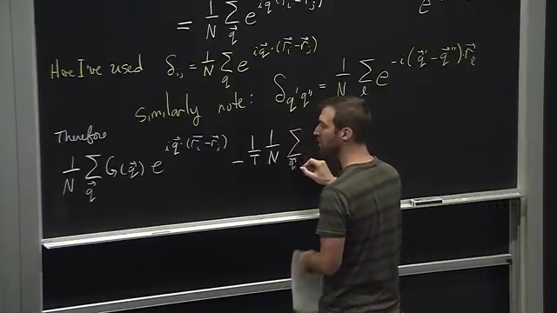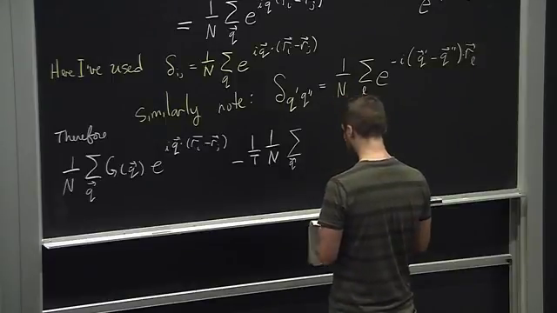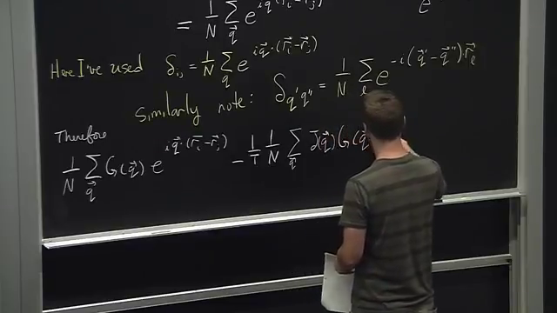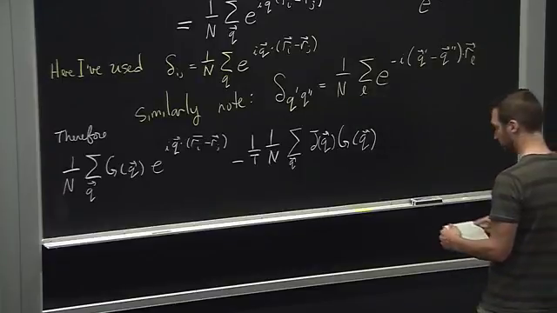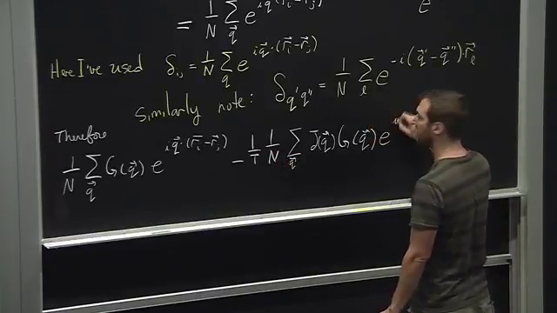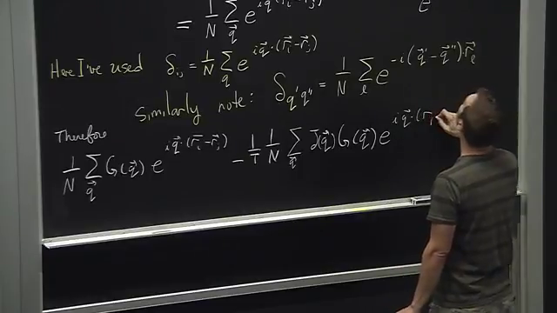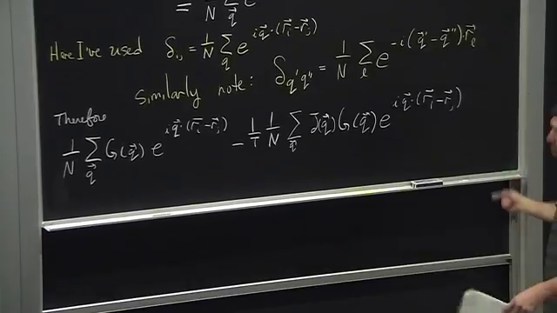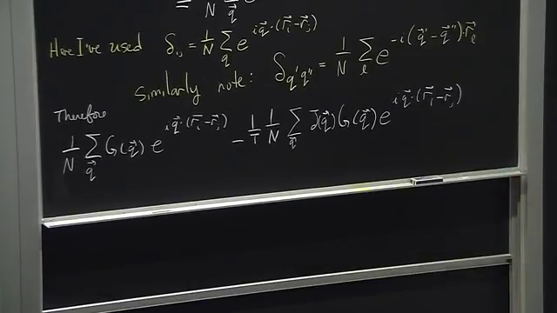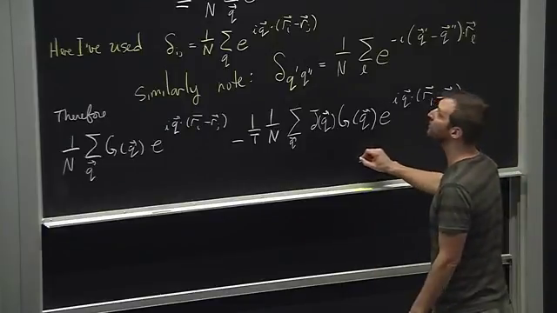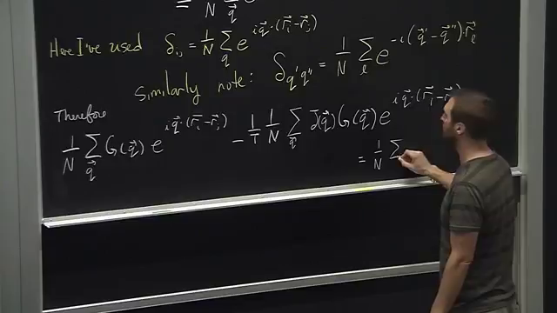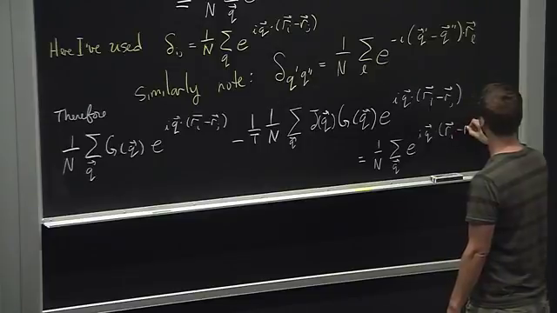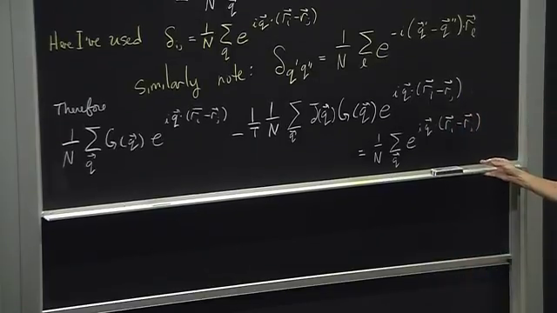Yep. And then I'll have J and G. And then I should have the same e to the i q dot Ri minus Rj. And then just the delta function on the right-hand side. So, right?